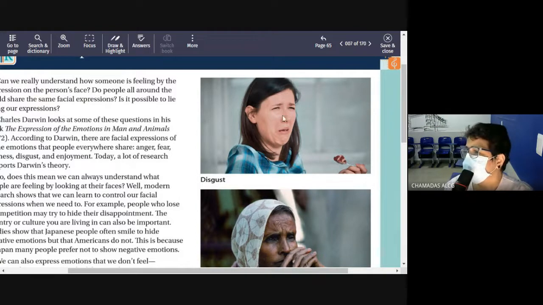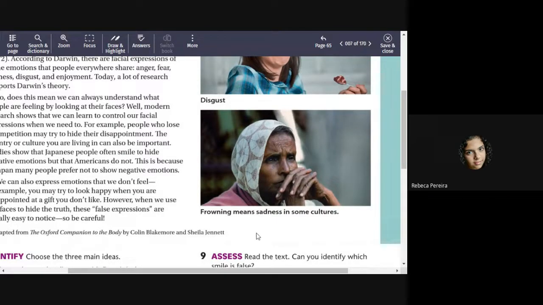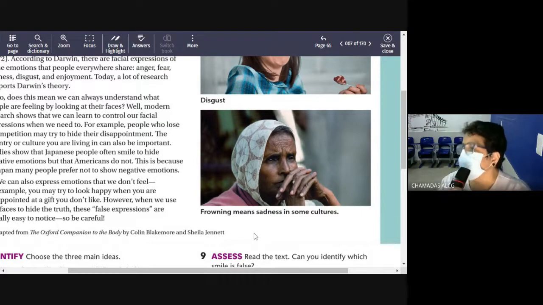Disgust. Look. Now, what about this woman here? What is the feeling? Preocupação. Uh-huh. Can be worry, right? Worry, or it can be sadness. In some cultures, it can also mean sadness. Okay?